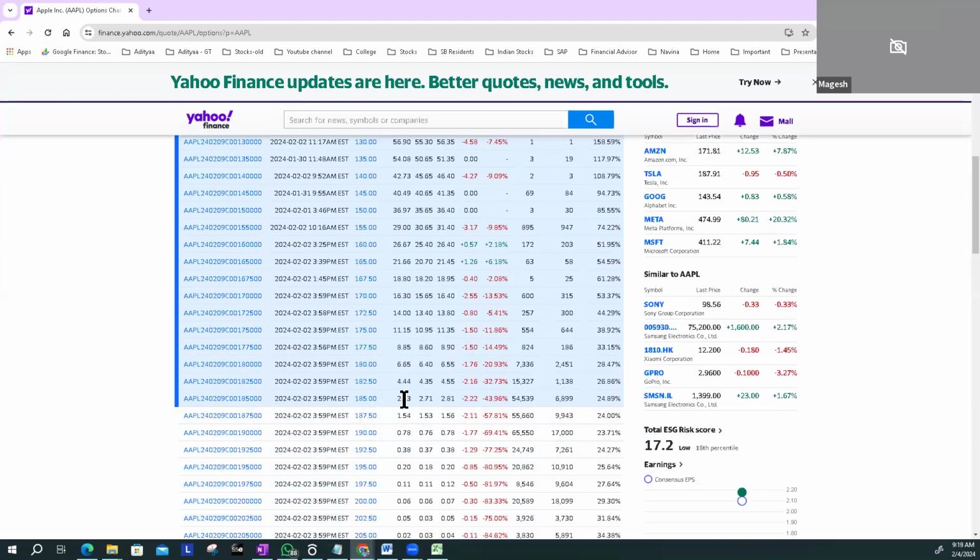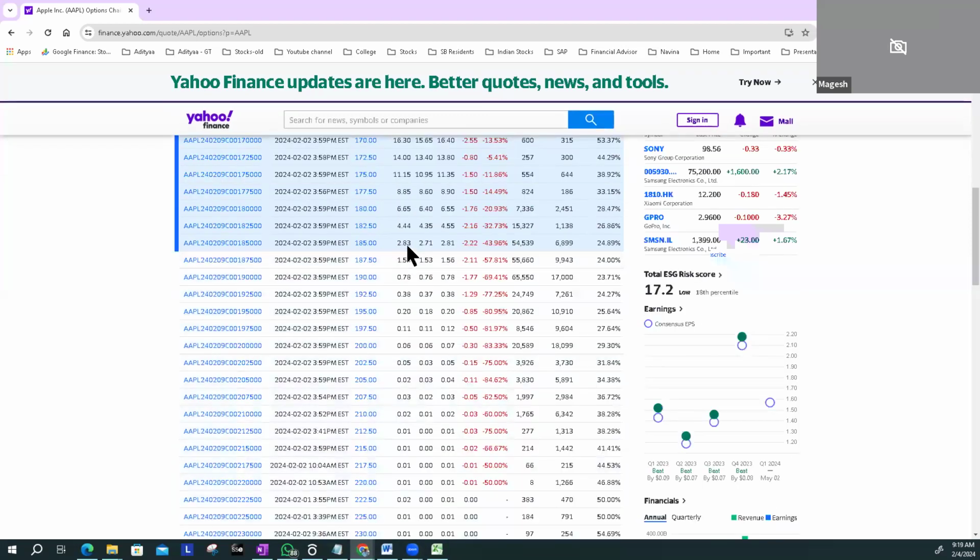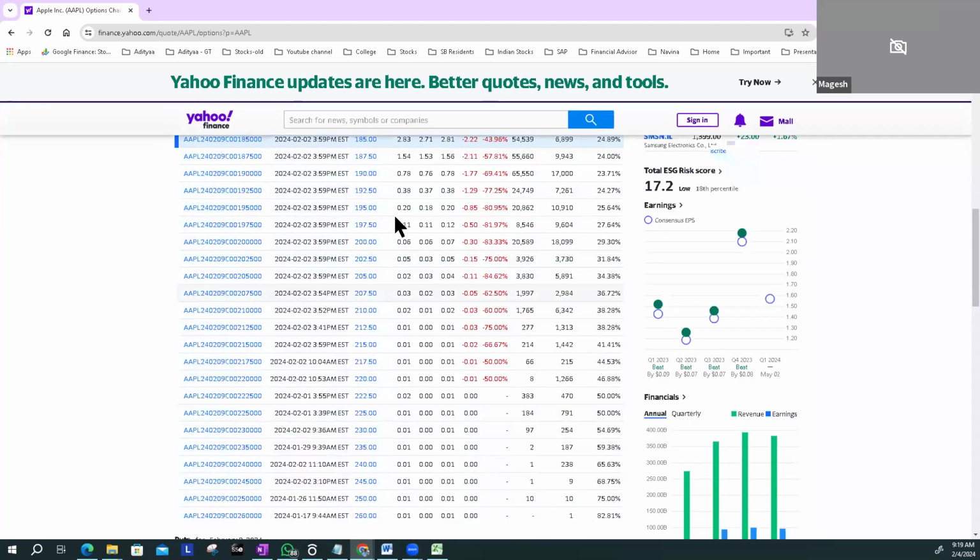So for example, in this case, the last price was 2.83. Out of this, 83 or 85 cents is intrinsic value. The balance, $2, is the time value that you pay for the next 1 week, for the next 5 days of trading. And these white ones are all out of the money because they don't have any intrinsic value.